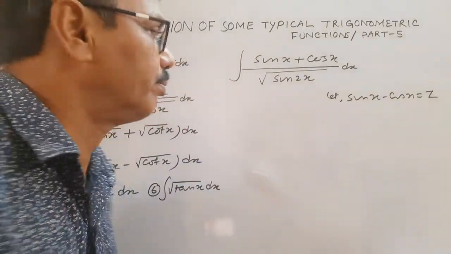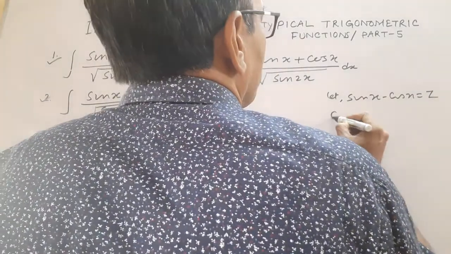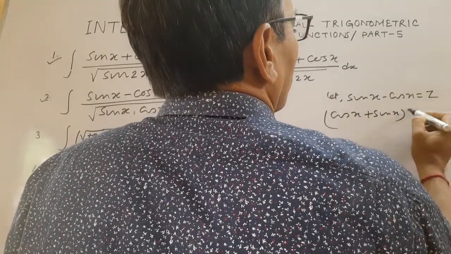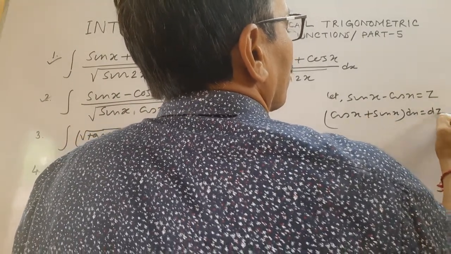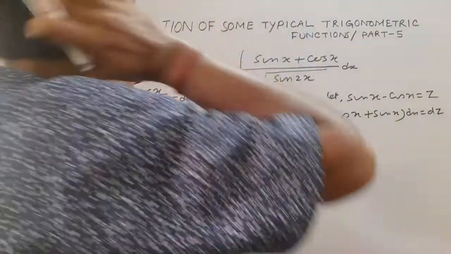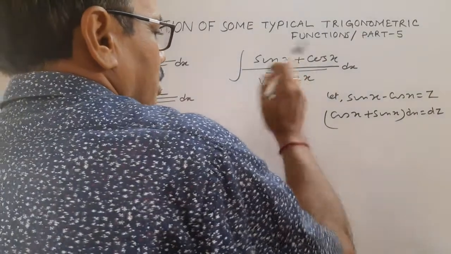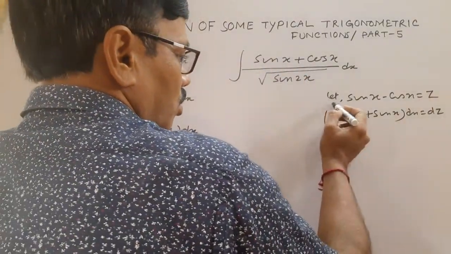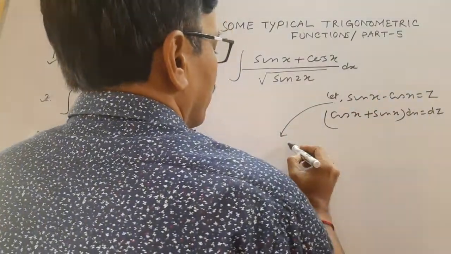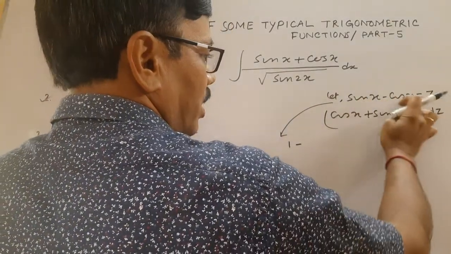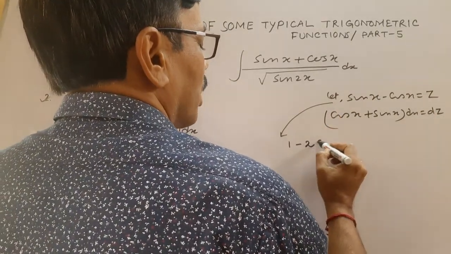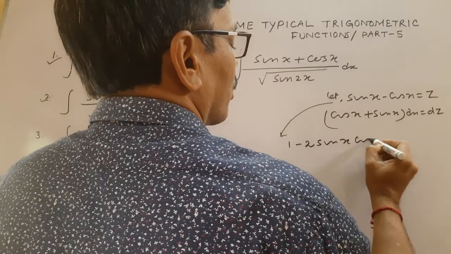Look at how. The derivative is cos x plus sin x into dx equals dz. So, we are getting the numerator. But in the denominator, sin 2x is not present. So, look, if we take the square, 1 minus sin square x cos square x, this is 1 minus 2 sin x cos x.